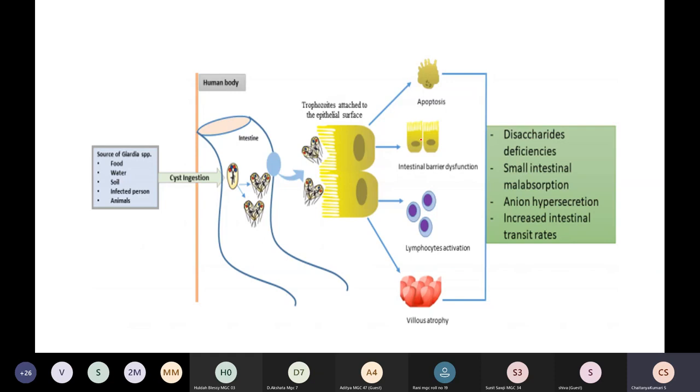At that time, our body realizes that some foreign body has entered and damaged the cells. So due to that inflammation, the immune system will get activated. That means lymphocytes will get activated, and they will produce cytokines and other components to fight against these cysts or the trophozoites, or against the parasite.